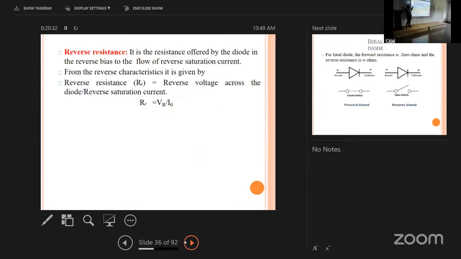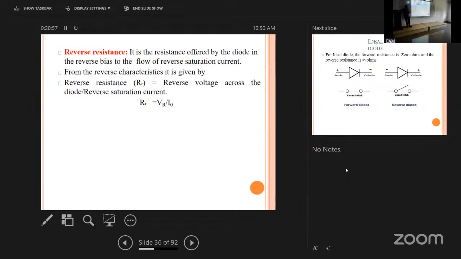See here, reverse resistance. Reverse resistance means the resistance obtained has a value in mega ohms. Why? Because if resistance is high, what happens to current? If resistance is infinity, current is zero. If resistance is zero, current is infinity.